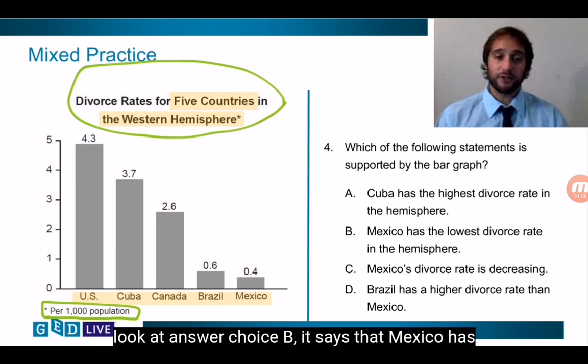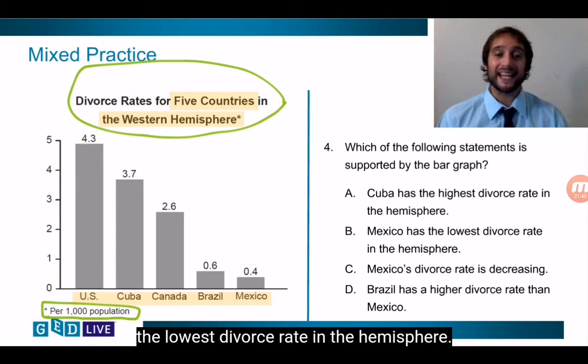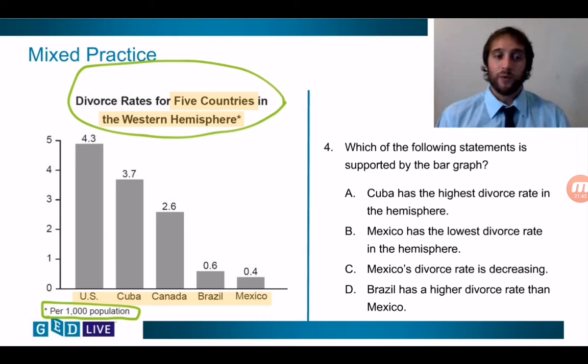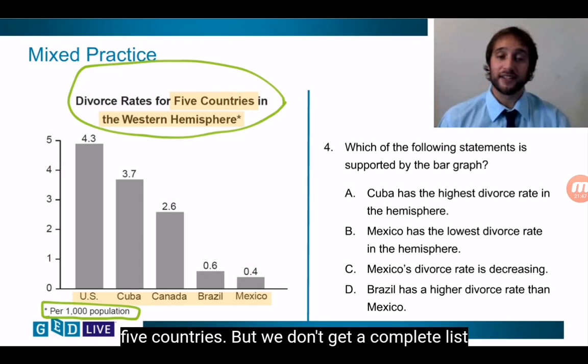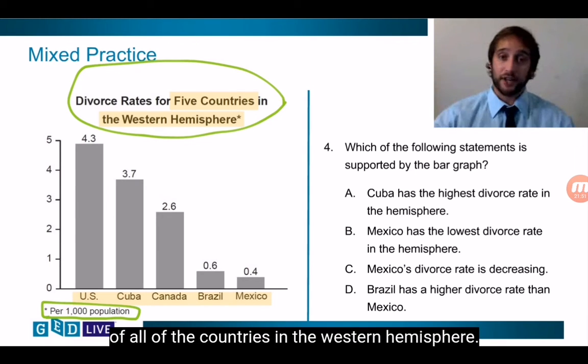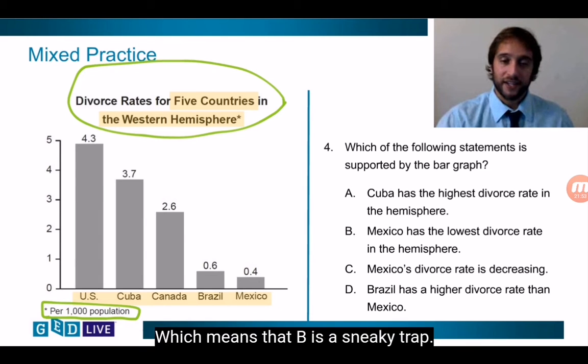Now, if we look at answer choice B, it says that Mexico has the lowest divorce rate in the hemisphere. Well, Mexico has the lowest divorce rate of these 5 countries, but we don't get a complete list of all of the countries in the Western Hemisphere, which means that B is a sneaky trap.